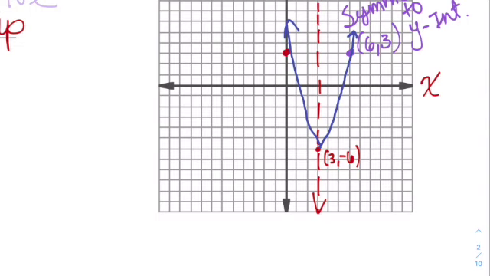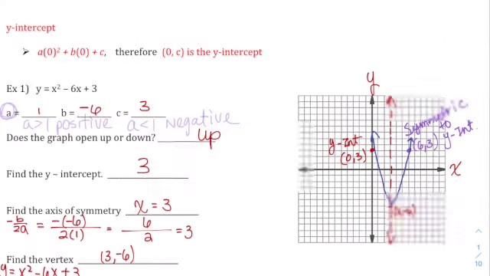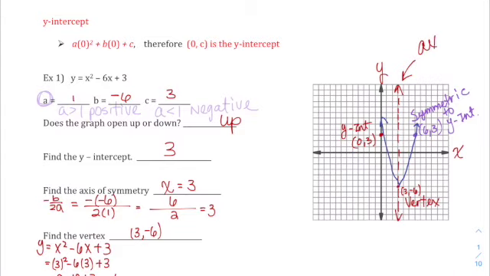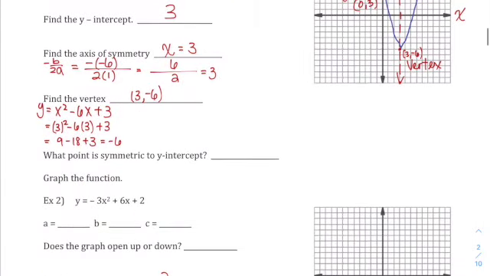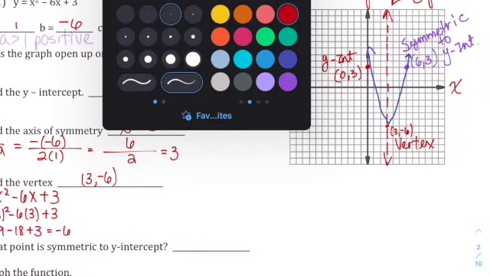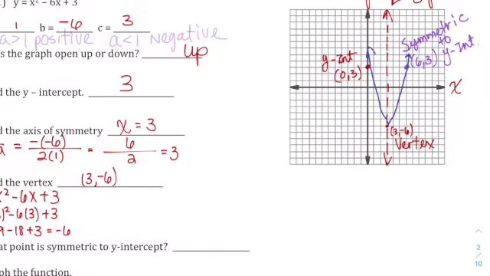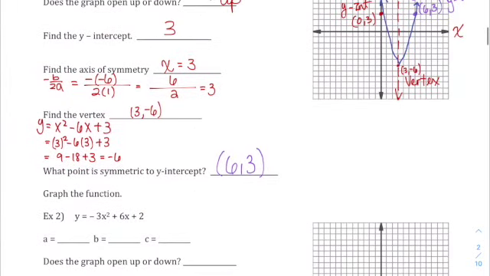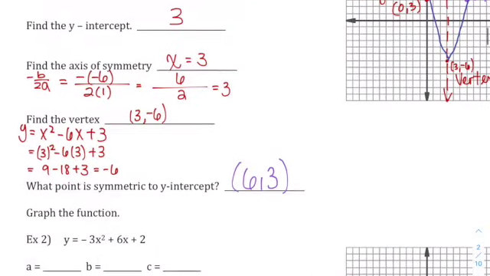This is the y-intercept, and that's your c, so it's 0, comma 3. And here's your vertex, and this is your symmetry line, the axis of symmetry. What is the symmetrical point to the y-intercept? To answer that question, I'm going to put down 6, comma 3. So please pause your video and then try example number 2.